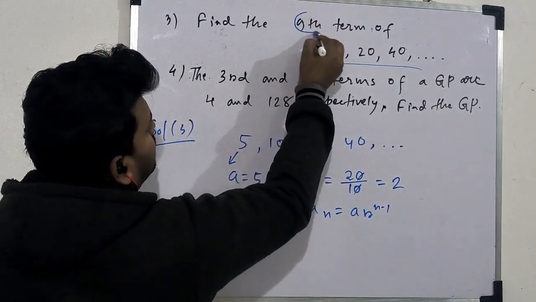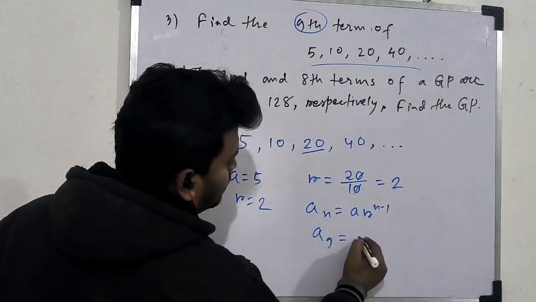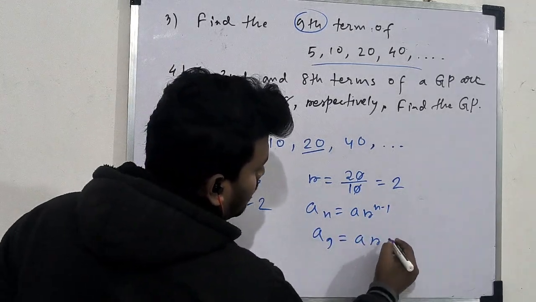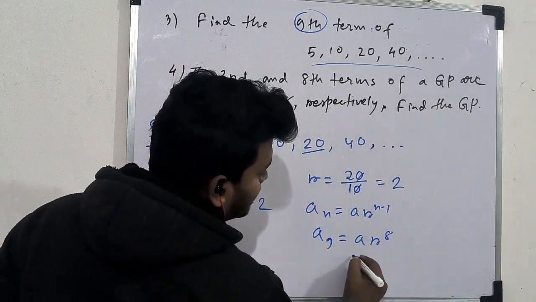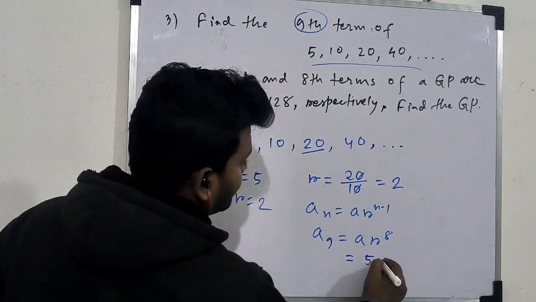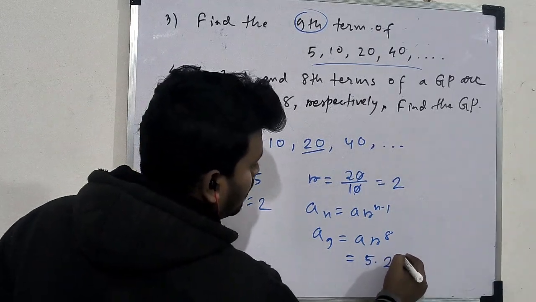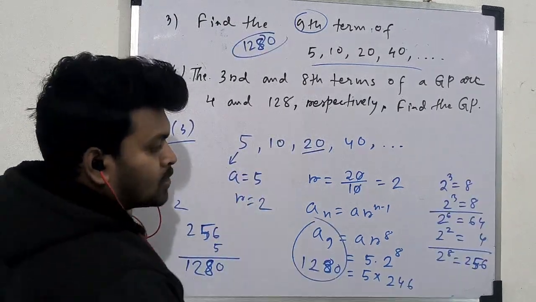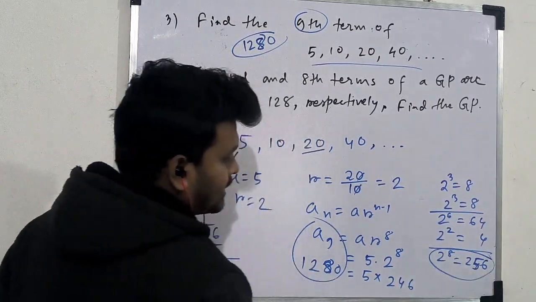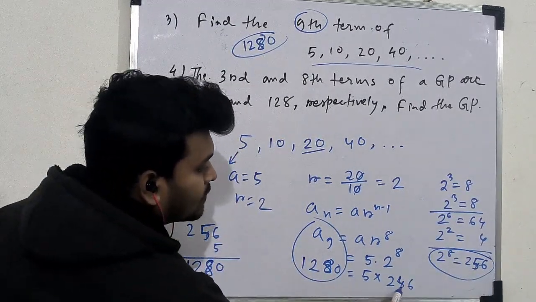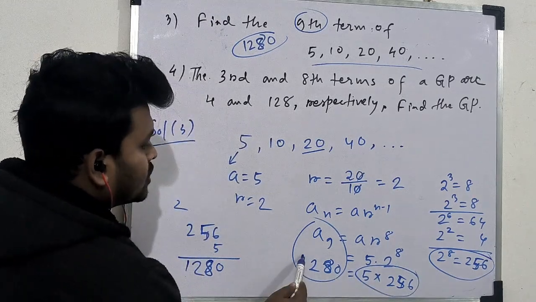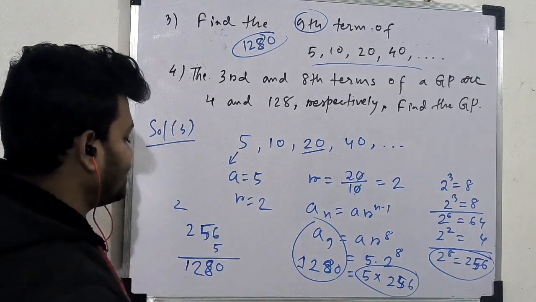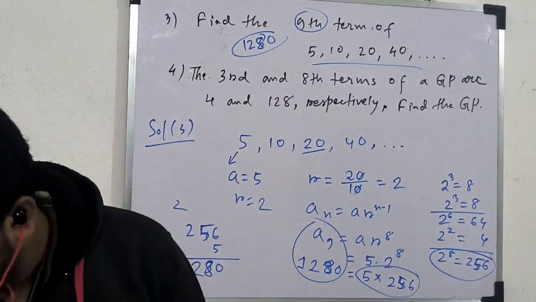So therefore the 9th term, a9 will be a into r to the power 9 minus 1, that is 8. So a is 5 into 2 to the power 8, that is 5 into 256, and this is 1280. So this is the answer.